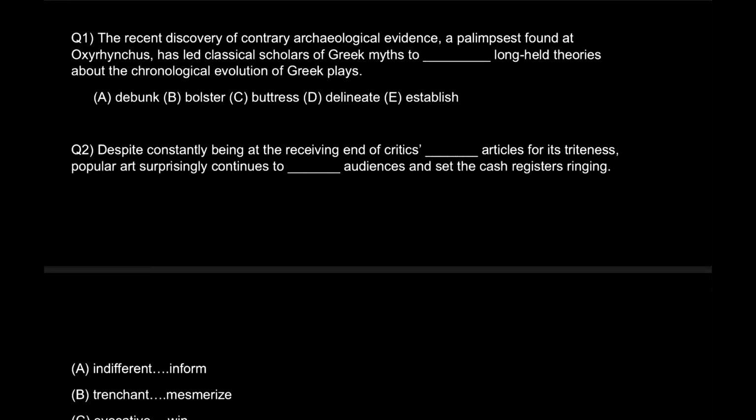We have a question: the recent discovery of contrary archaeological evidence, palimpsest found at Oxyrhynchus. Oh my God, what are all these things? You don't have to pay attention to that. Okay, has led classical scholars of Greek myths to dash the long-held theories about the chronological evolution of Greek plays.